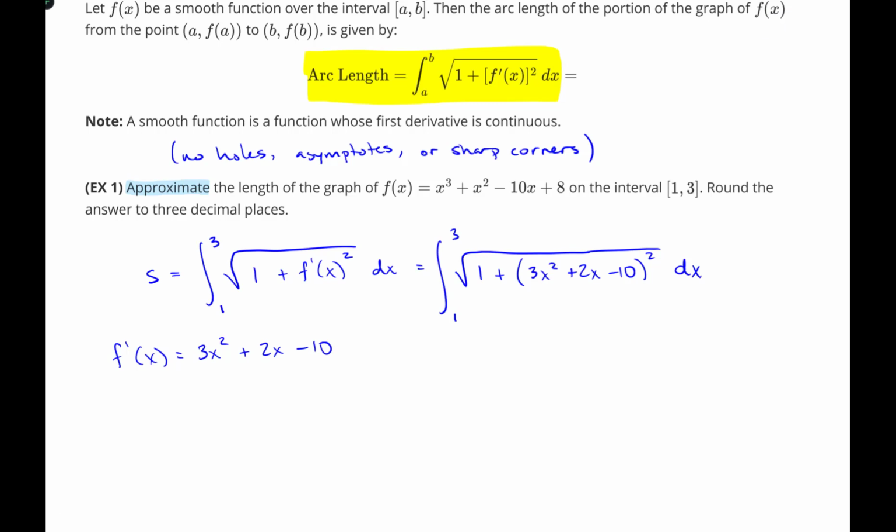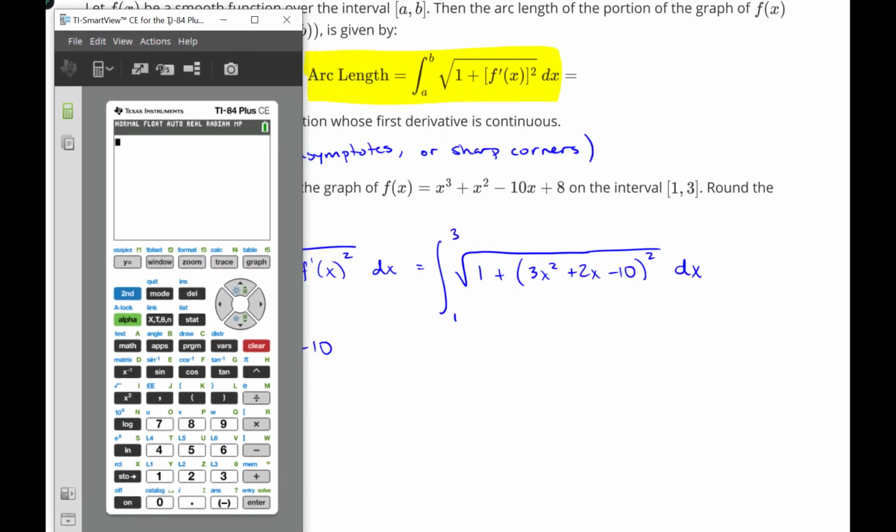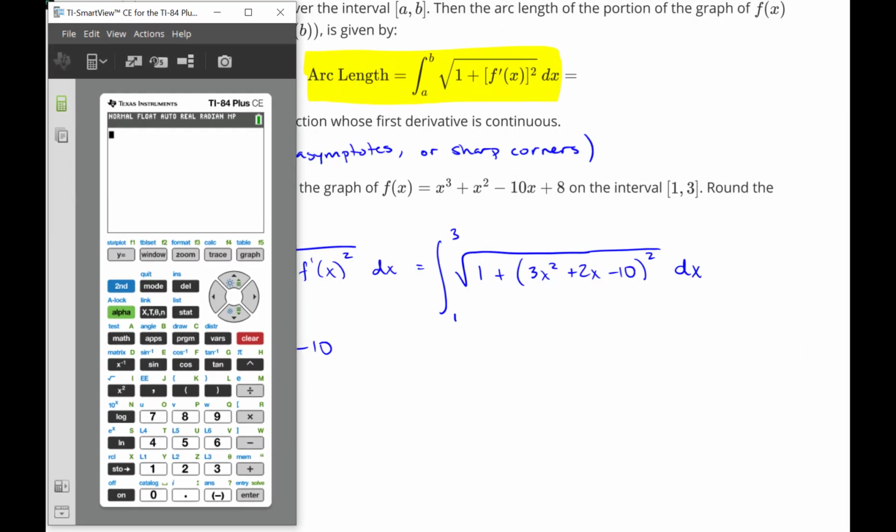Now, you don't need to multiply this out. You could, and you could add to 1, but it's not going to help fnInt work any better or worse. So, to be honest, just get to this point right here, and then we'll use fnInt to get our answer. So, we're integrating this function from 1 to 3, and it is the square root of 1 plus, in parentheses, 3x squared.